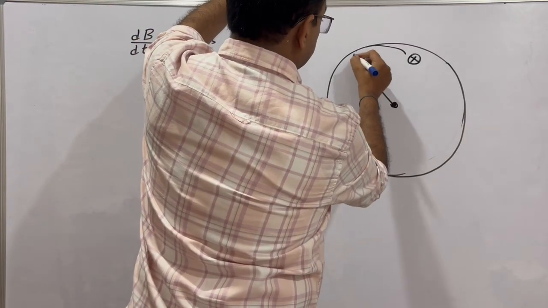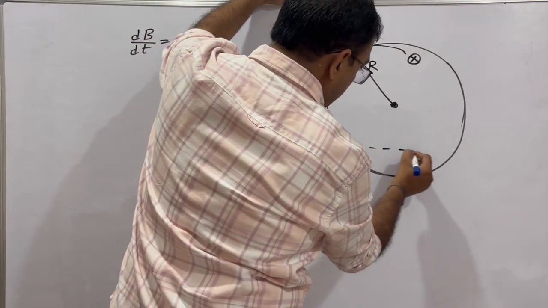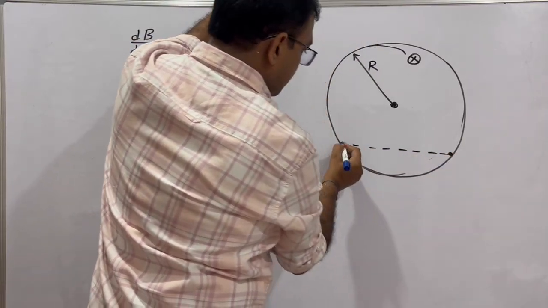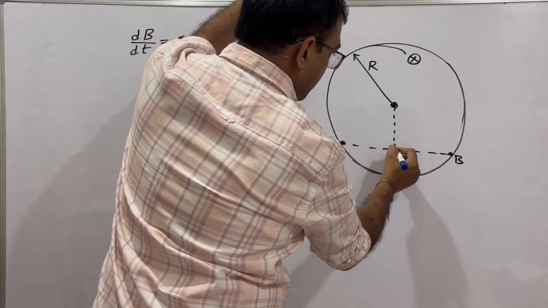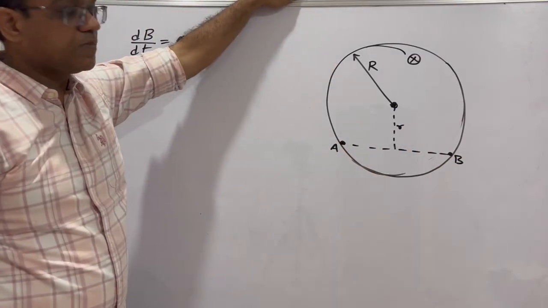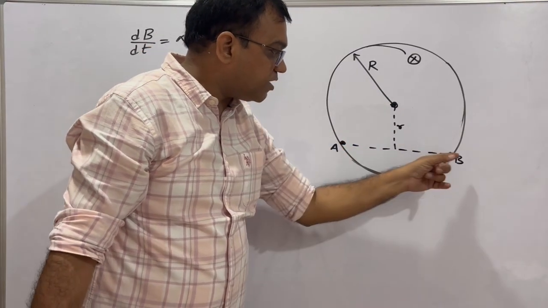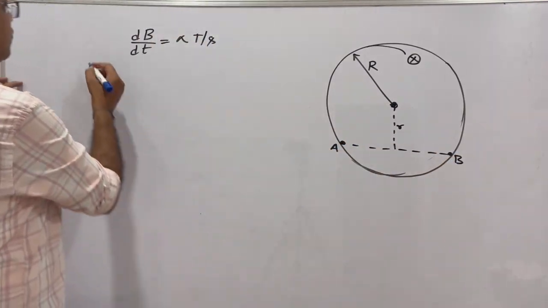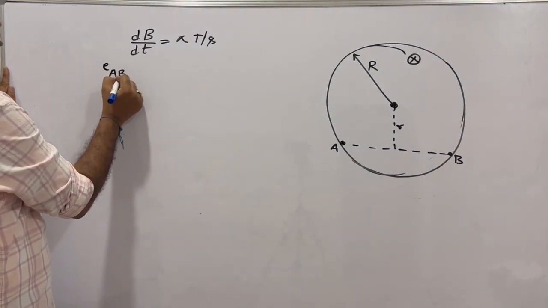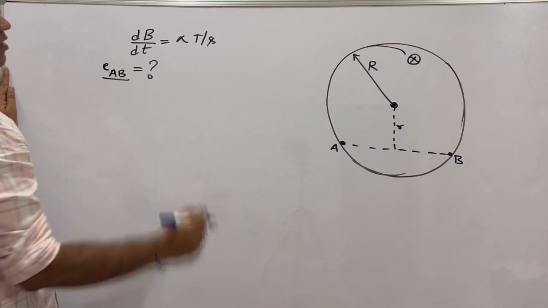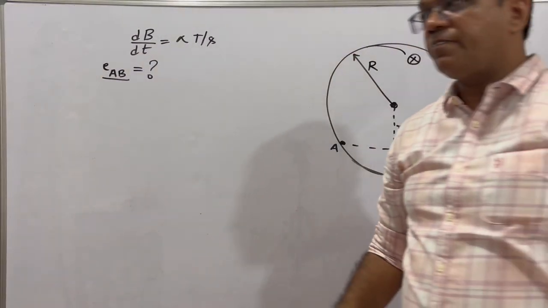The radius of this cylindrical region is R. And there are 2 points marked, say A and B, at a distance of small r. We want to find the EMF induced across AB. This is what we have to find.